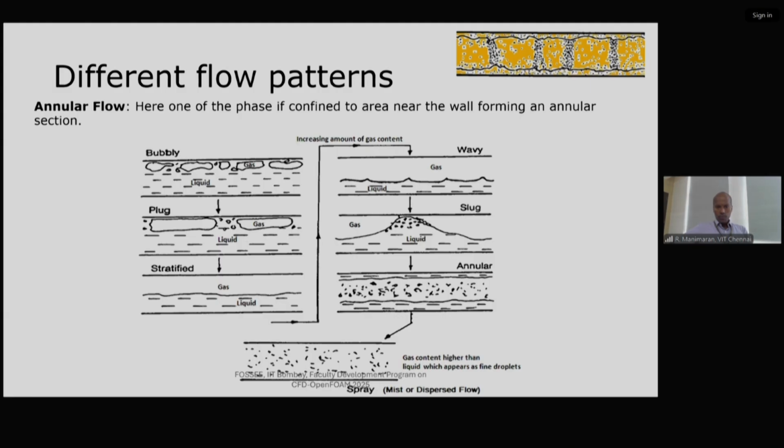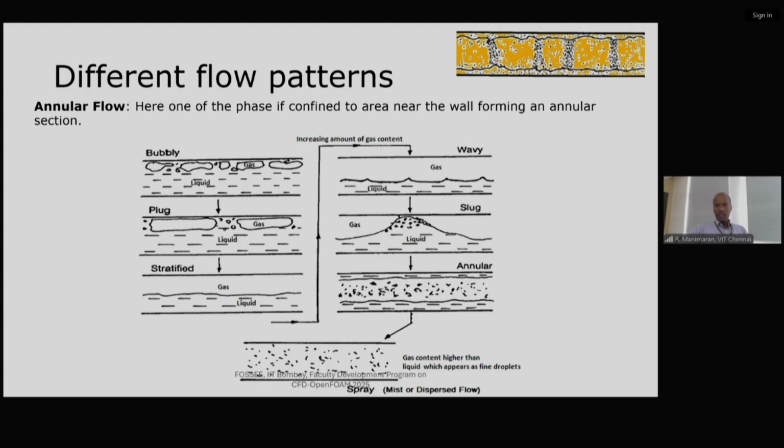And further increasing the gas flow rate, you can see spray or mist or dispersed flow. So this is a typical flow pattern for a gas liquid phenomenon, from bubbly to plug and stratified, then wavy, then slug, then annular, and then spray.